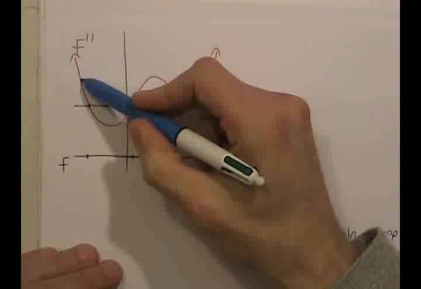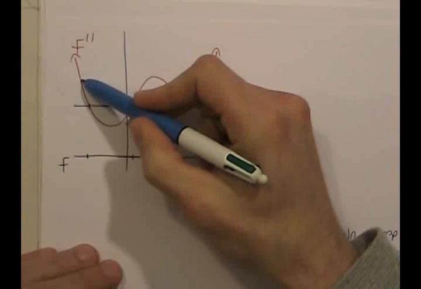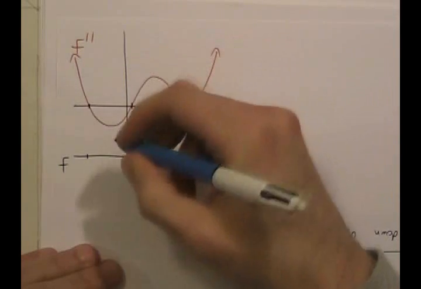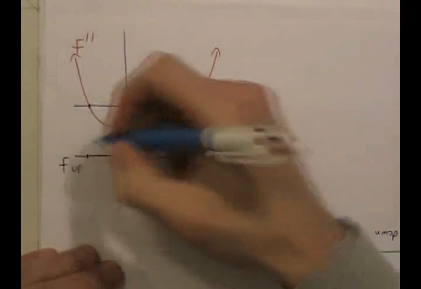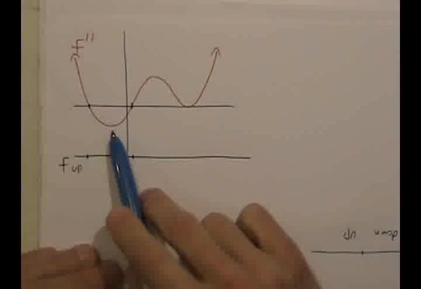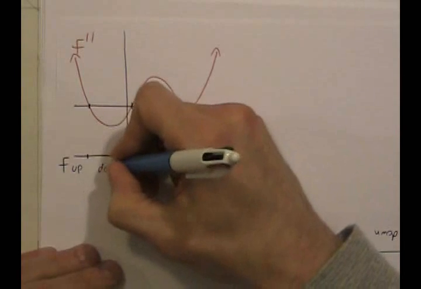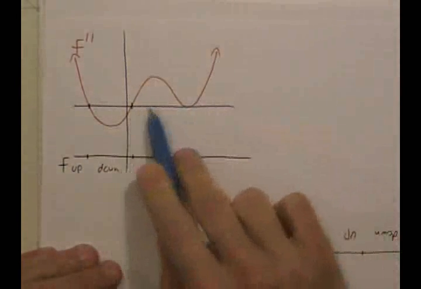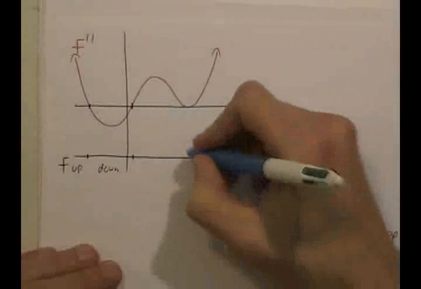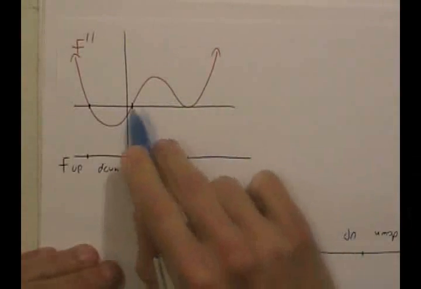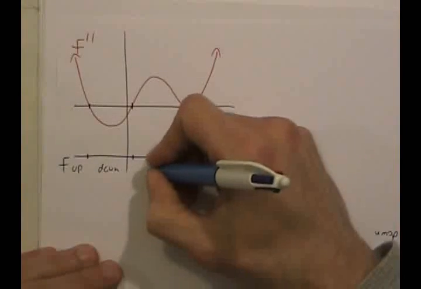But here, f prime prime is positive. That means that f prime is increasing, and hence f is concave up here. Here, f prime prime is negative, which means that f prime is decreasing, and hence f is concave down. And then from here to here, it's still positive, so f is concave up.